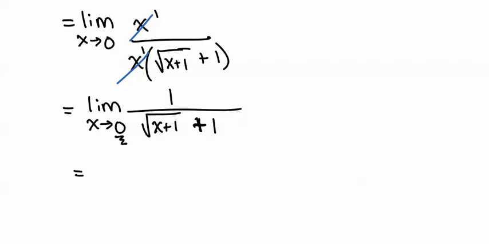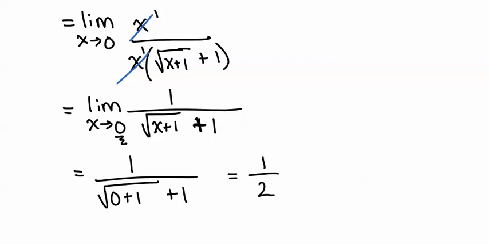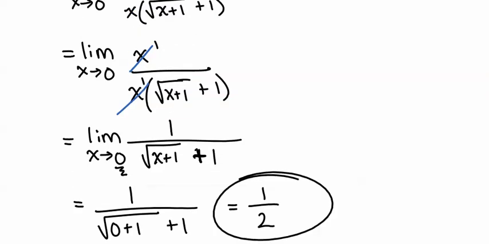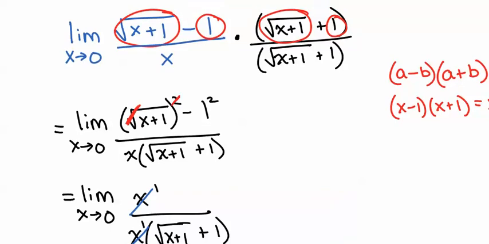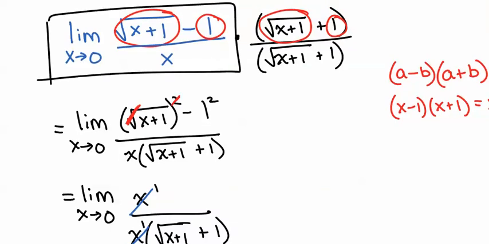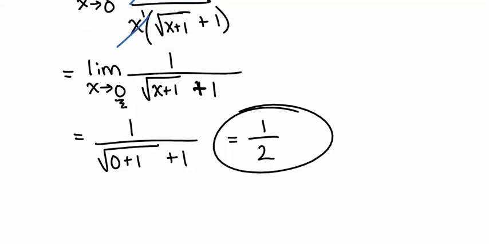So 0 plus 1 is 1, root 1 is 1, 1 plus 1 is 2, so my answer is 1 over 2. So the limit as x approaches 0 of this function is a half.